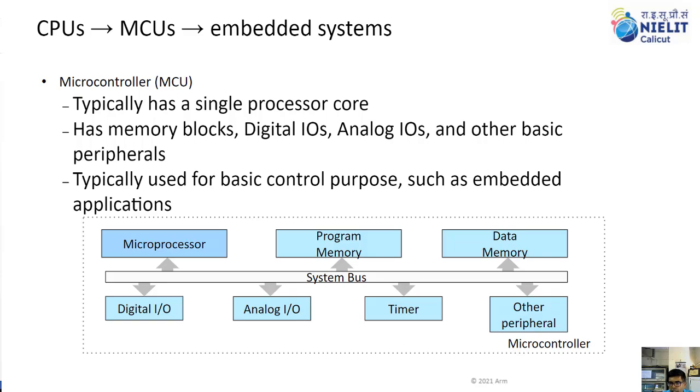Along with that there will be peripherals like analog IOs, digital IOs like GPIOs, different types of timers, and other peripherals such as serial ports, I2C and SPI. Generally microcontrollers are single core processors, but nowadays we can get microcontrollers with multi-core support, typically used for basic control purposes such as embedded applications.